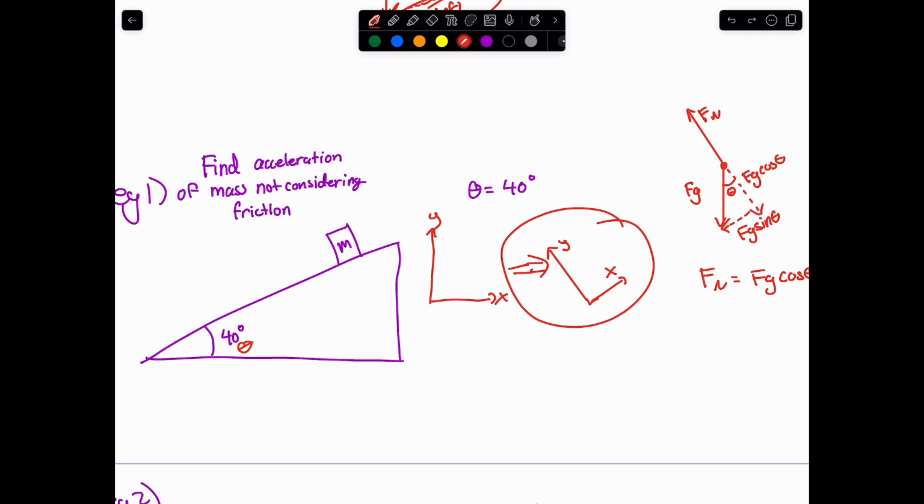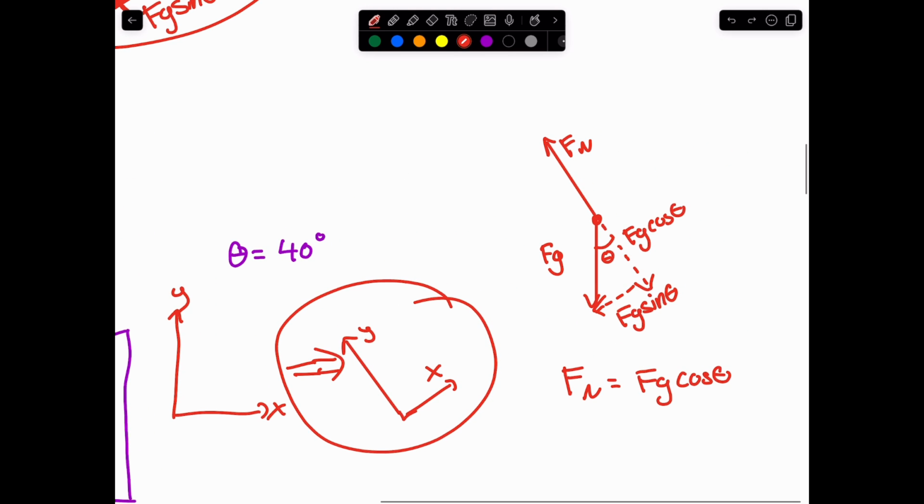And looking at the system, nothing is shooting this mass out into space. The mass is going to stay on the ramp. So if that's the case, that means that there should be no acceleration in the y direction of our new axis. And if we look at our FBD, there are two forces in the y direction, Fn and Fg cosine theta.